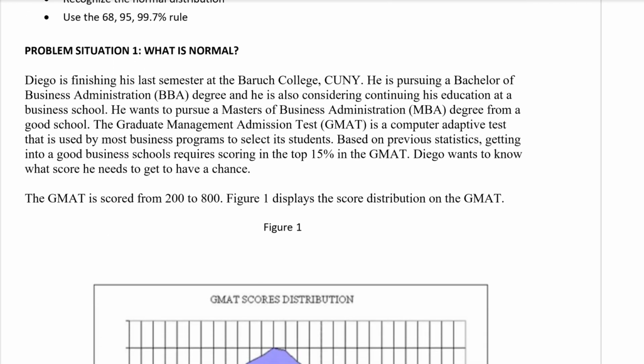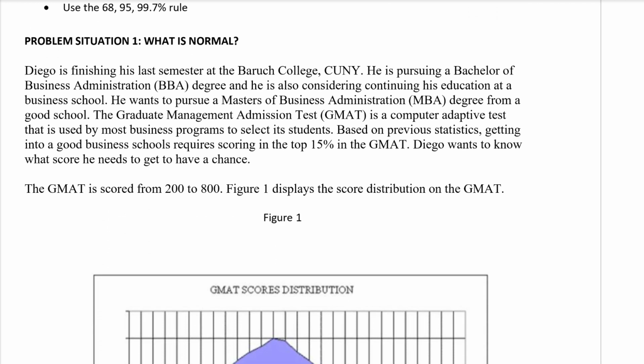All right, let's read problem situation number 1. What is normal? We have Diego, who's finishing his last semester at Baruch College, pursuing a Bachelor's of Business Administration, BBA degree. He is also considering continuing his education at a business school. He wants to pursue a Master's of Business Administration degree, or MBA, from a good school.